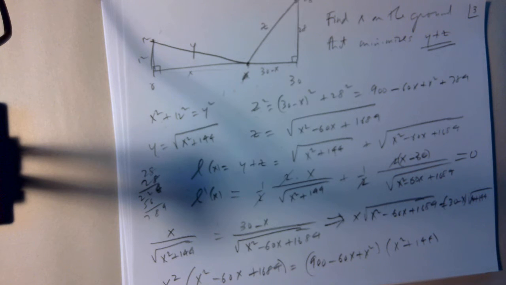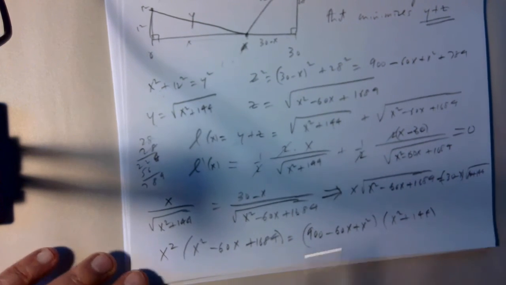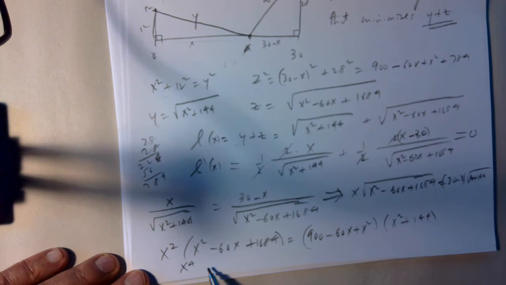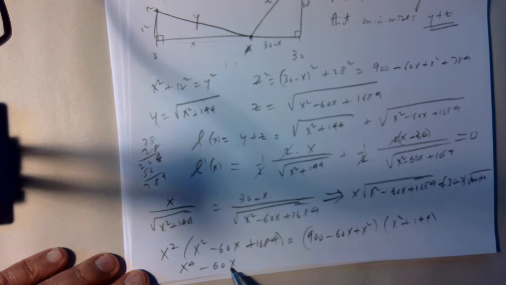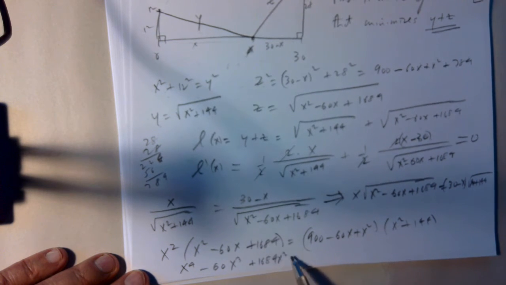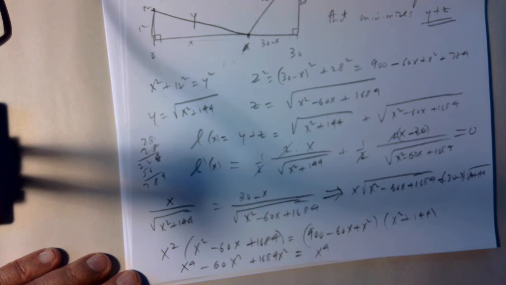Well, this is maybe a kind of a mess, but we can still solve it. Let's just multiply through. This is x to the fourth minus 60x cubed plus 1684x squared equals, let's see, x squared times x squared is x to the fourth.